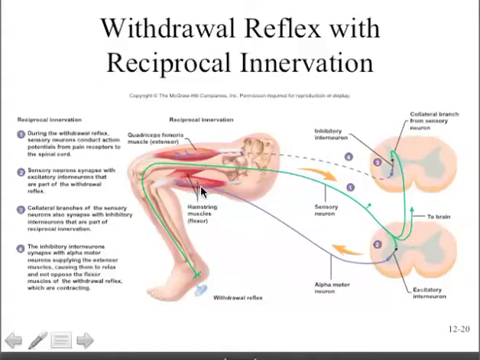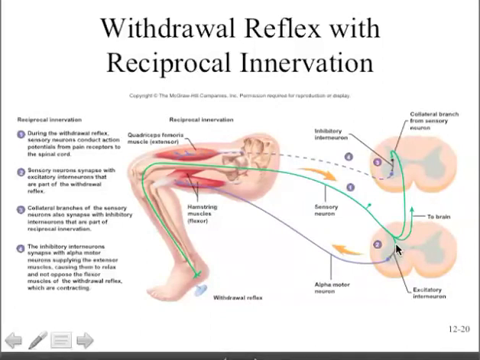Notice again that the white matter of the central nervous system is responsible for signal transmission, while the gray matter is doing the signal processing. You can see that here with the action of the interneurons and the production of a graded potential in the soma and the dendrites of the alpha motor neuron on which it synapses. The same thing is true with the interneuron, right?